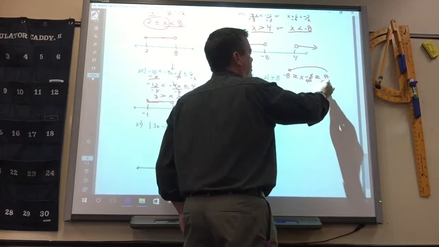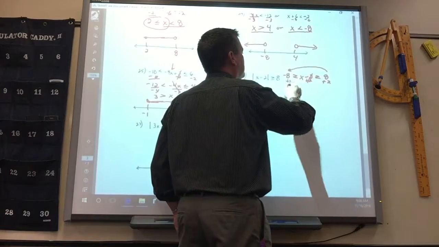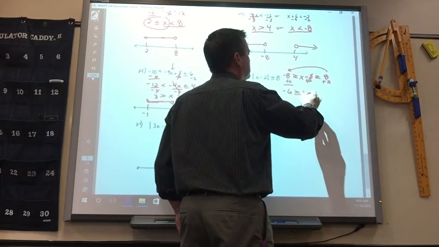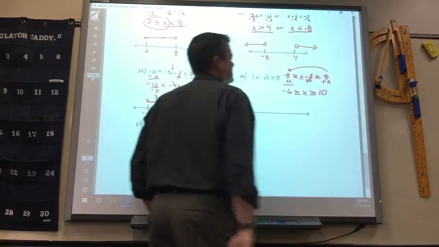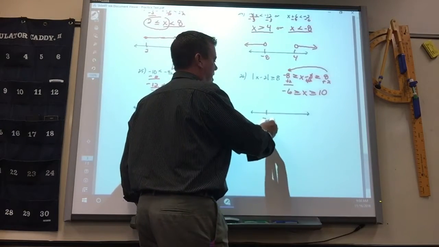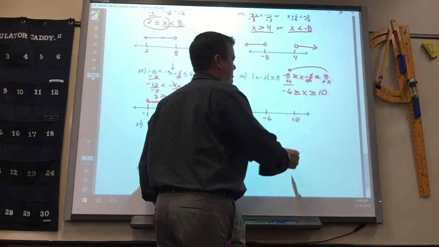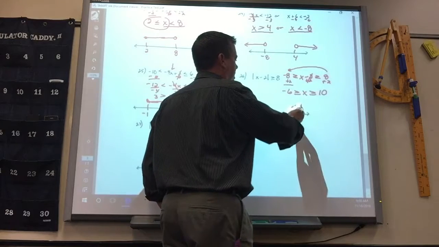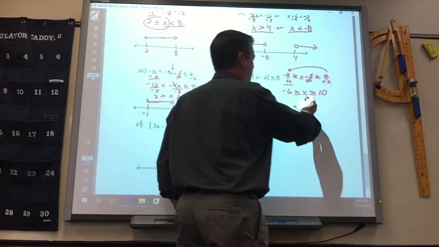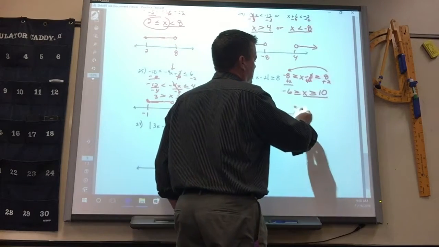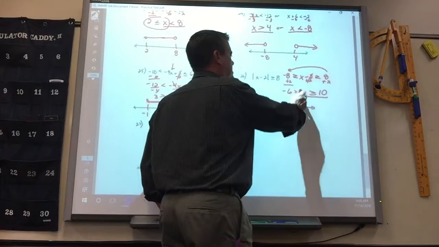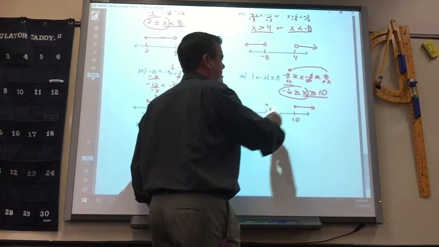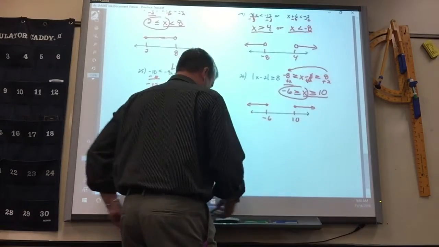So I just have to add 2, add 2, add 2. And you're done. So at -6 and 10, they're both filled in. X is greater than or equal to 10, so it goes to the right. X is less than or equal to -6, so it goes to the left.